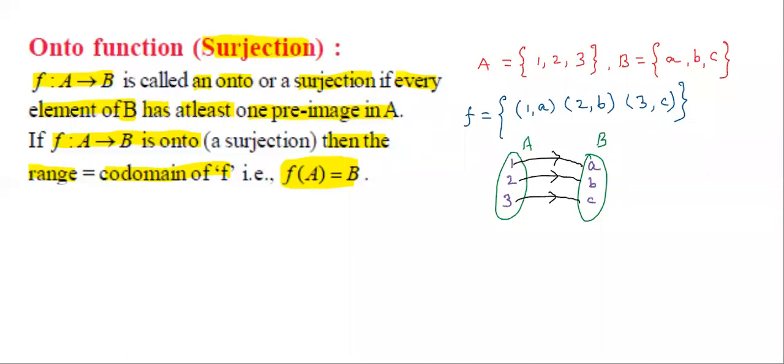See here, every element in the codomain, this is the codomain, has a pre-image in the domain A. So then F maps A to B is an onto function. Every element in the B set has a pre-image.